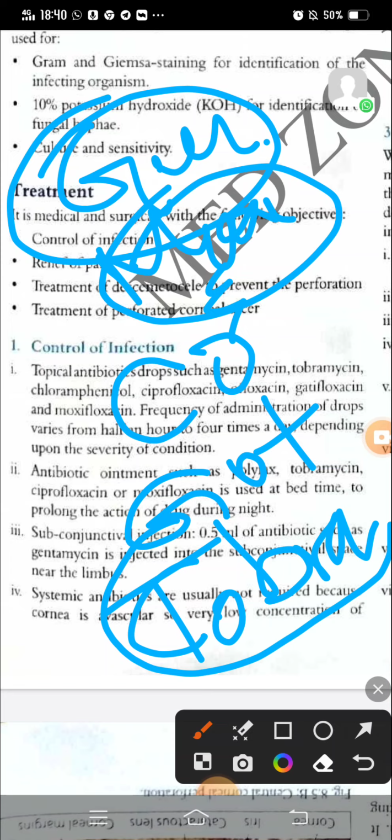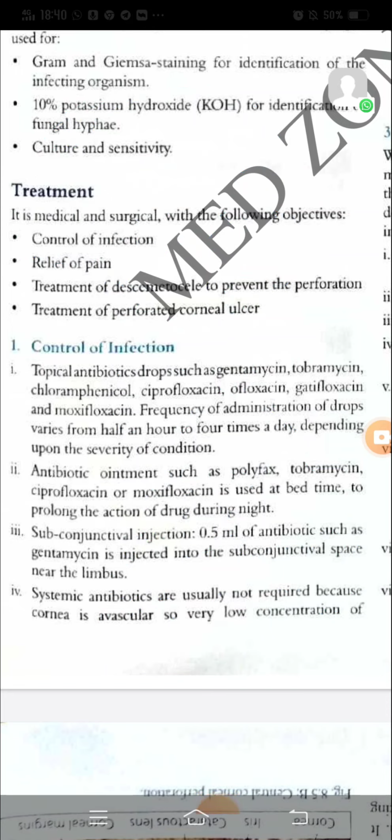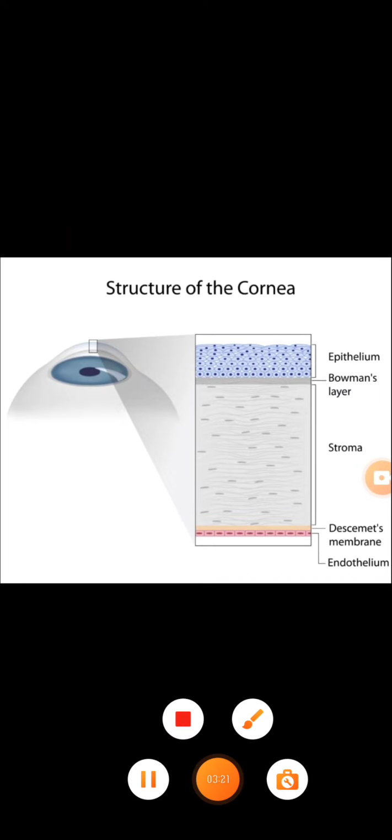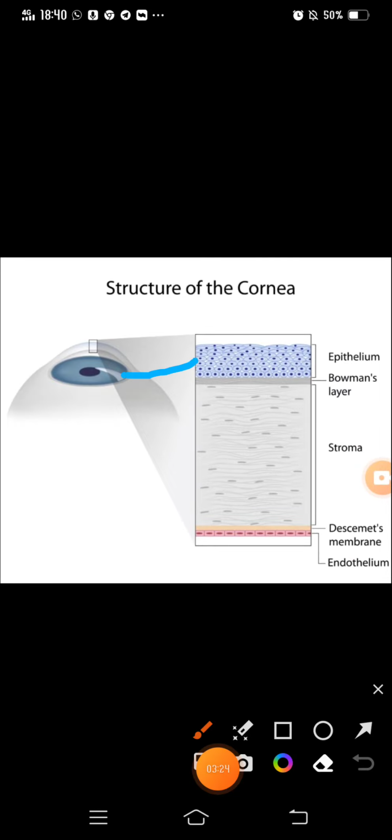However, they can be given if the ulcer is near the limbus, the junction of cornea and sclera, where vessels are present. Systemic antibiotics can also be given if there is ulcer perforation.